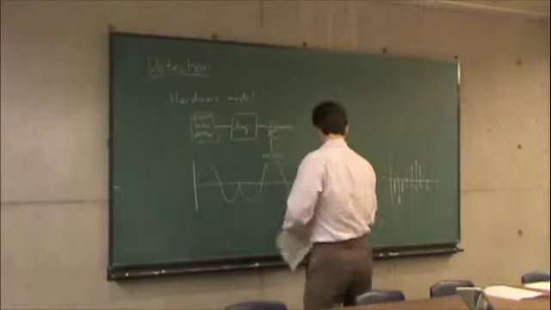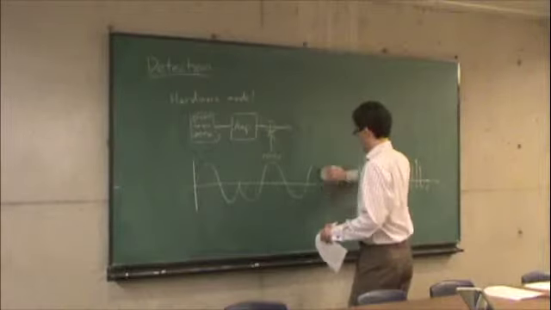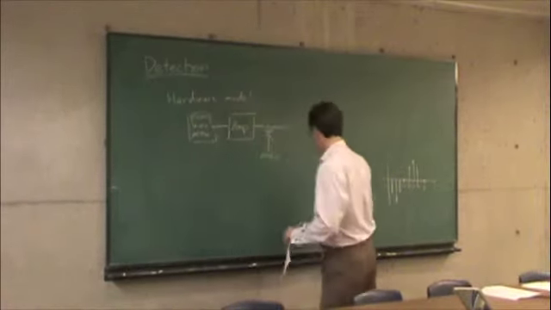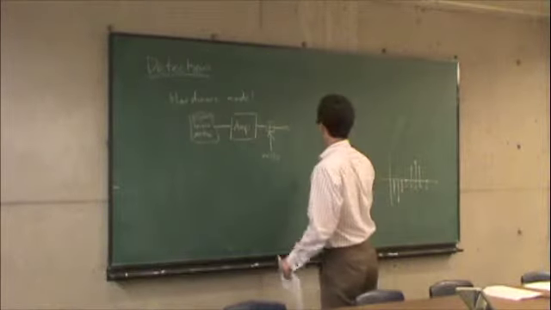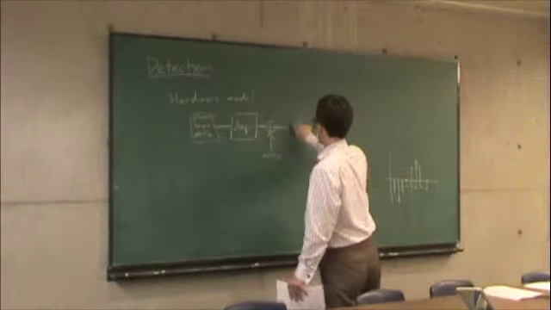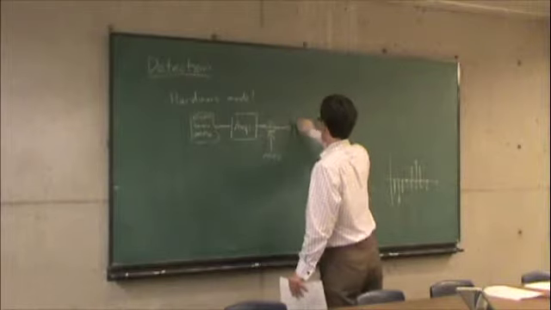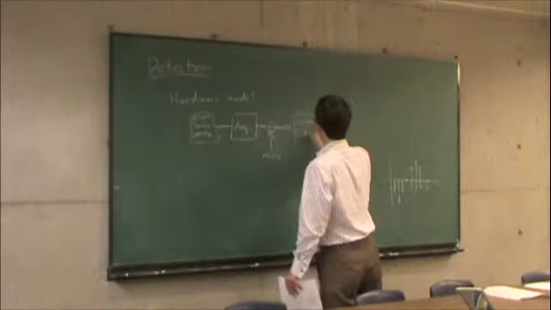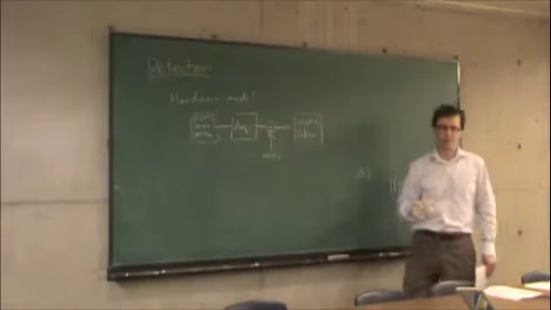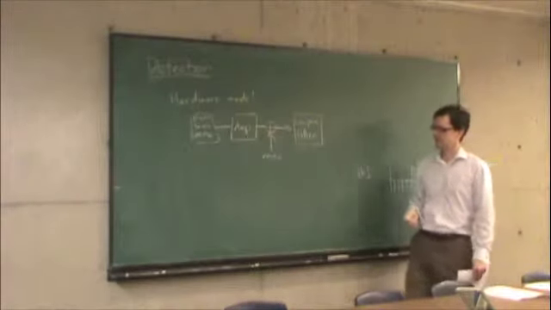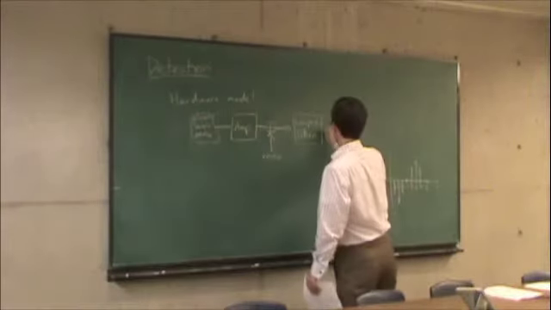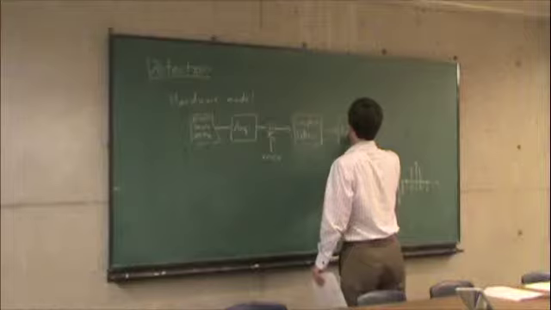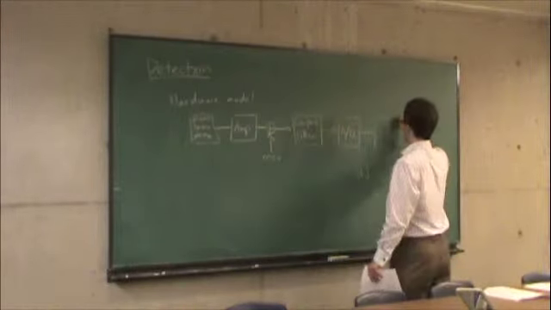Then I actually don't think I put this in the original version, but I should have: prior to analog to digital, we should do a low pass filter. We do a low pass filter to ensure that there are no high frequency components that cause problems with sampling. Okay, low pass filter, and then analog to digital. Then detection.